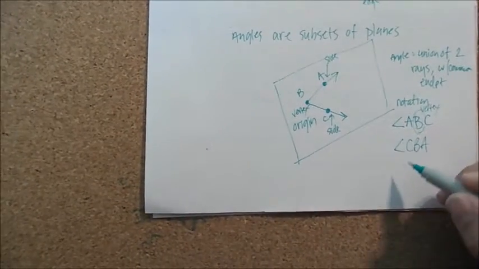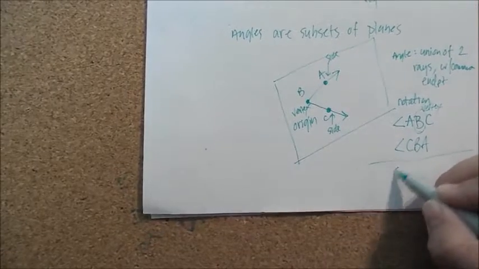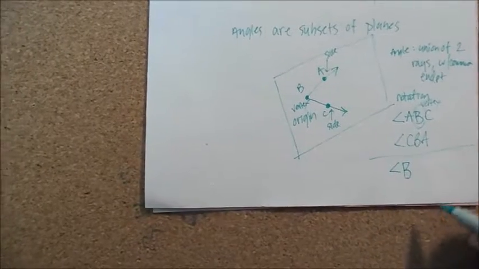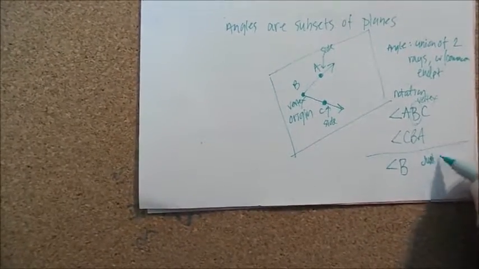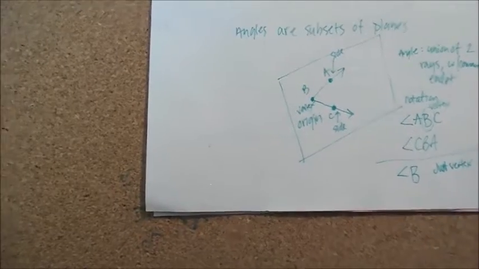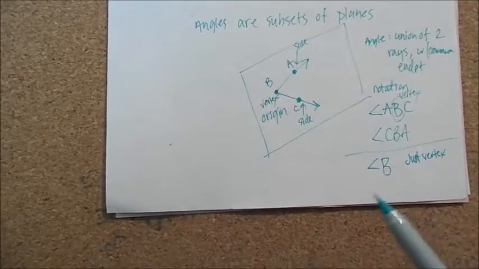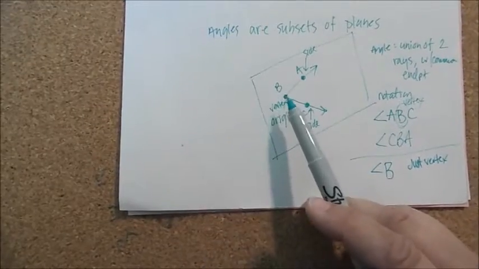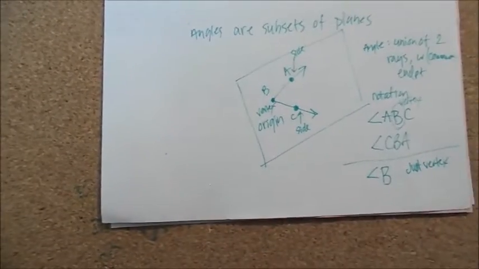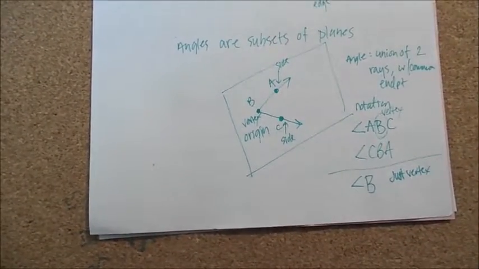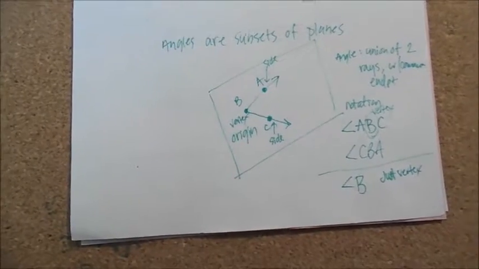There's a third way of writing it. You could call it angle B, just the vertex. You are only allowed to do angle B if there's no possible way you could confuse that with another picture. So for example, I'll do it right here.